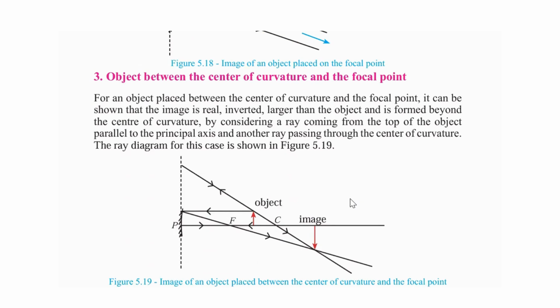Now, if the object is between the center of curvature and the focal point, you're going to move it away from the focal to the center. Can you see, son, what has happened? The image you're going to get for the first time is an inverted, not upright, inverted, and larger image.